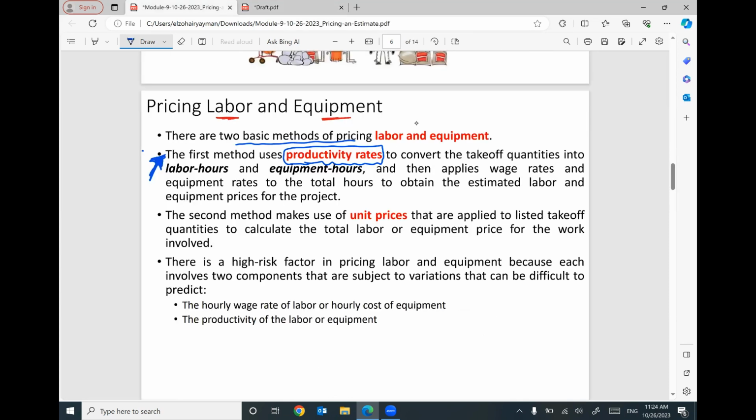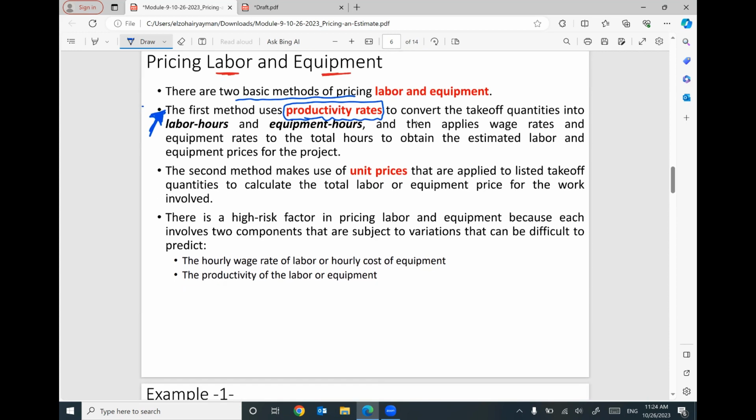So the first method to be used in pricing labor and equipment is the productivity rate. The same also for labors. If you would like to hire a labor crew, the labor crew will tell you, hey, we can accomplish this task maybe 10 cubic yard per hour or 5 cubic yard per hour. That will give you a productivity rate.